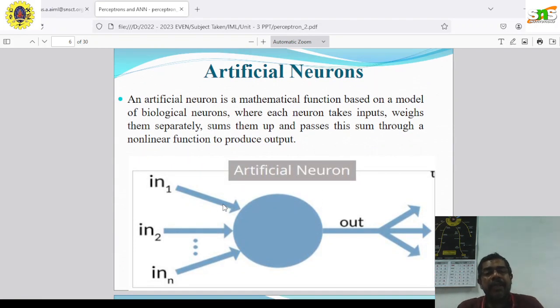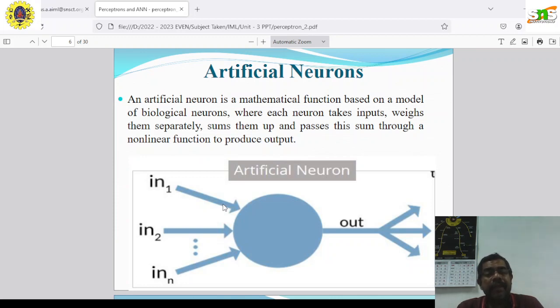An artificial neuron is a mathematical function based on a model of biological neurons, where each neuron takes certain inputs with certain weights, the weighted inputs are summed up, and the sum is passed through a non-linear function to produce the output.